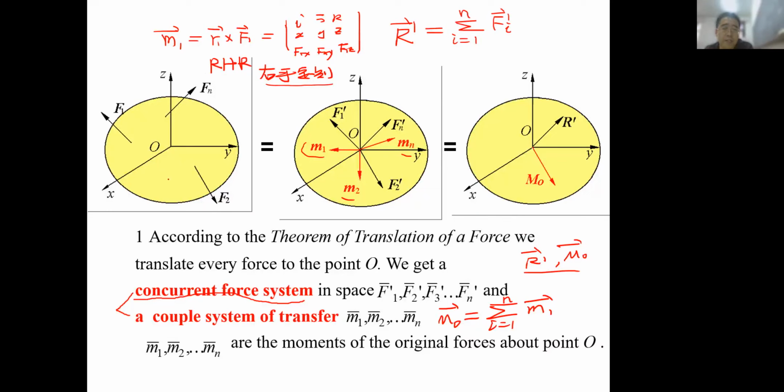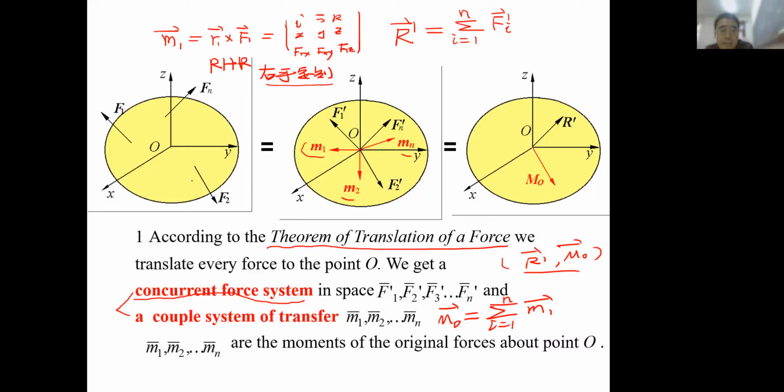It maybe cannot finish the task, but when we use this theorem of translation of a force one by one, we can find actually this R prime plus MO is the resultant of the original force system. So when we talk about the resultant, that means this MO plus R prime has the same effect on the body as the original force system.